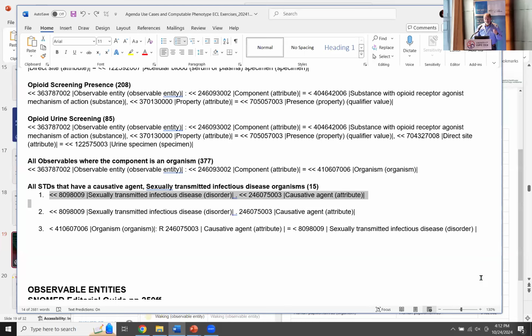Well, yeah, the way I solved it was not the smart way, but what I did is put in a minus that said take out the viruses and the bacterias, and that solved it.